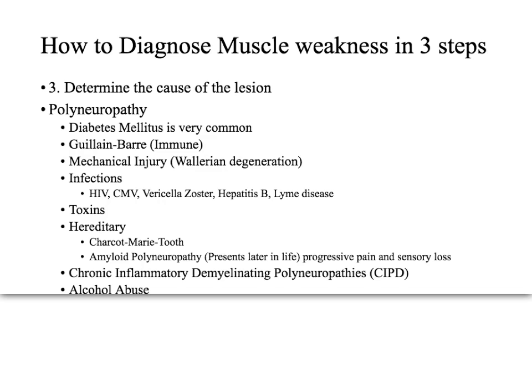Now we're going to take a look at polyneuropathies. So this is the second type of lower motor neuron lesion. The most common cause is diabetes mellitus. And so we always talk about how people can lose their foot or something with diabetes because they lose the feeling.